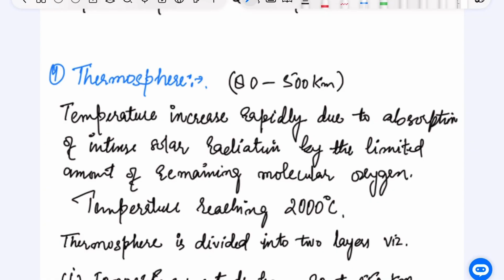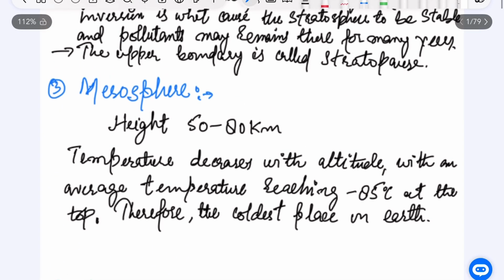So our next layer is the mesosphere. We have gone through the troposphere and its characteristics, then we have studied the stratosphere, and now the third layer, that is the mesosphere.